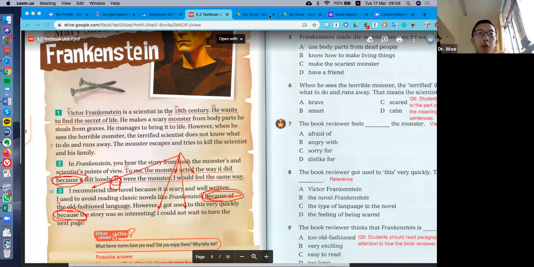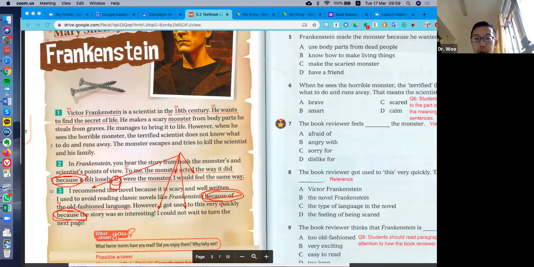So we see the writer expresses feelings. Writer of the book review expresses feelings, thoughts, and reasons using because and if statements. So I think that's about it.